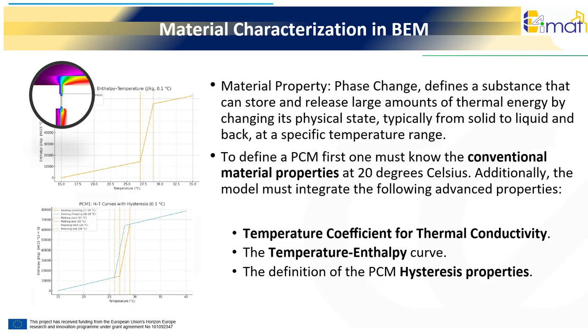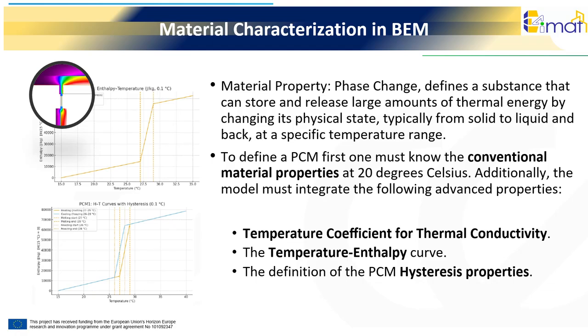A phase change material, PCM, is a substance that can store and release large amounts of thermal energy by changing its physical state, typically from solid to liquid and back, at a specific temperature. During melting, the PCM absorbs heat without a significant rise in temperature, latent heat storage, and during solidification, it releases that stored heat back into the environment.